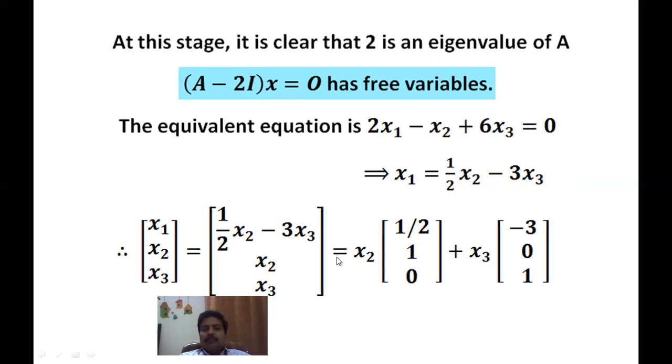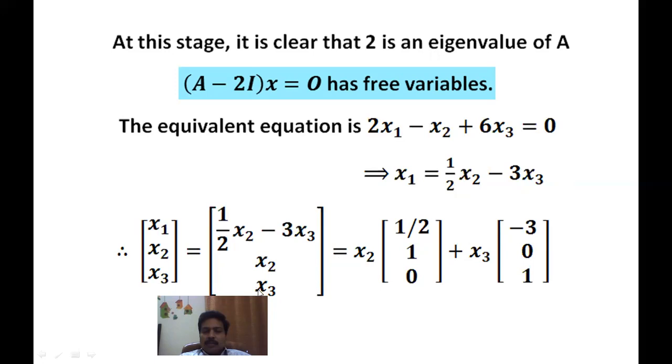That is equal to x2 times 1 by 2, 1, 0 plus x3 times minus 3. In the first row, minus 3 is the coefficient, that's why it is minus 3. In the second row, x3 is absent, so it is 0.